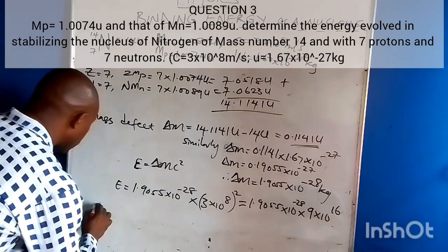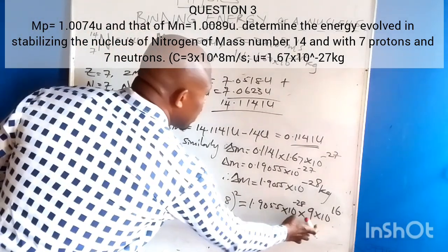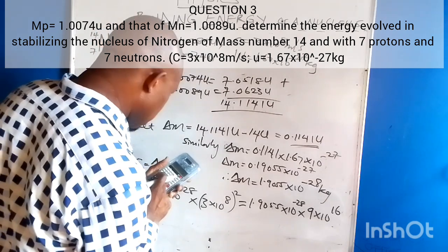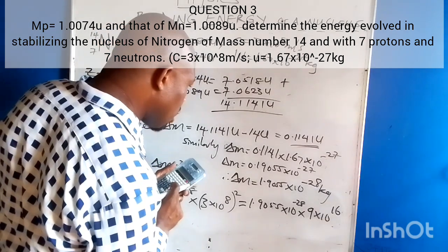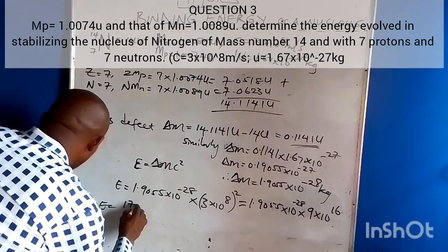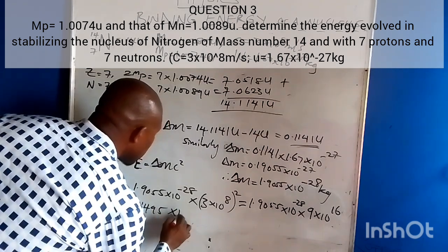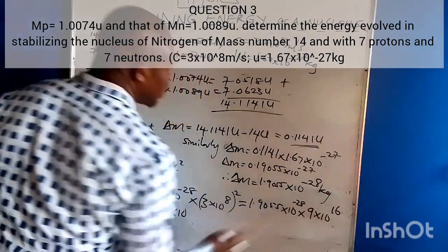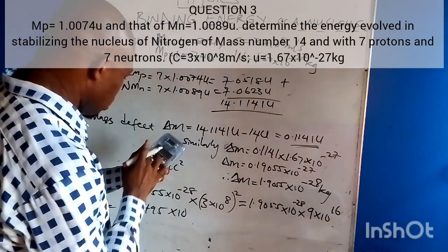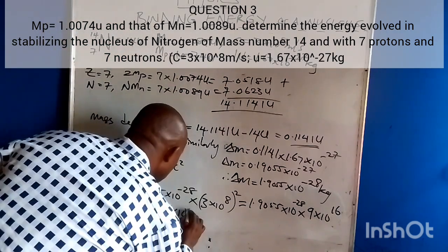So the binding energy is equal to, now we multiply the bases. 1.9055 times 9 will give us 17.1495 times 10 raised to the power, and we now add the index numbers. Minus 28 plus 16 will give us minus 12.